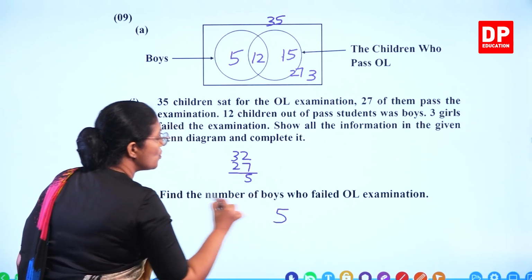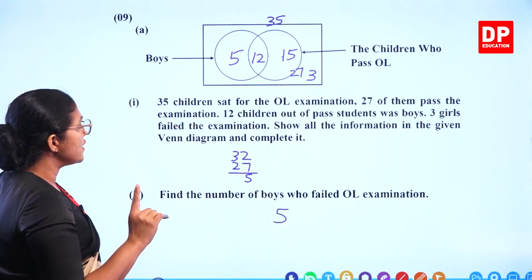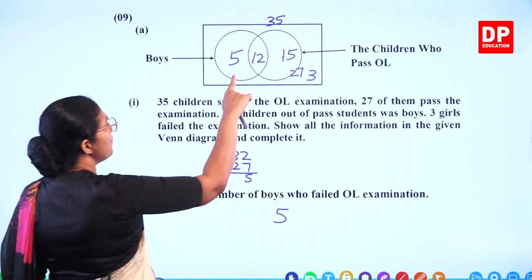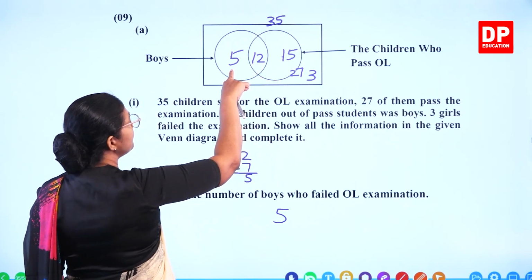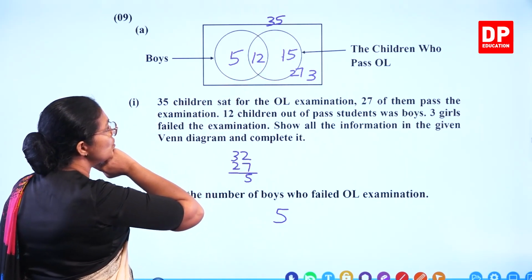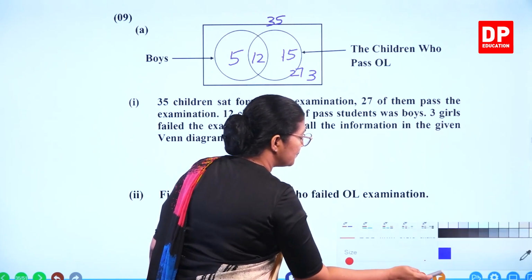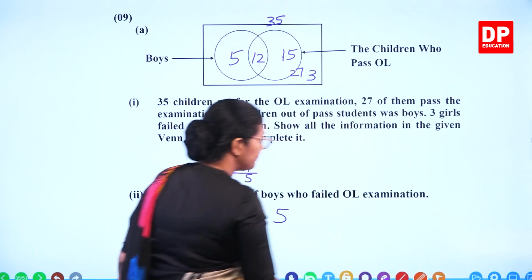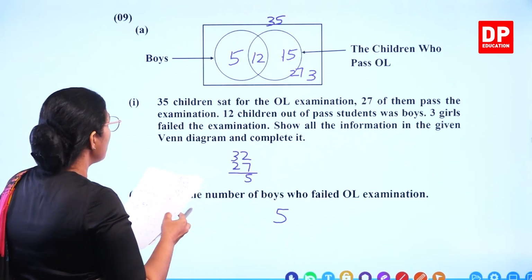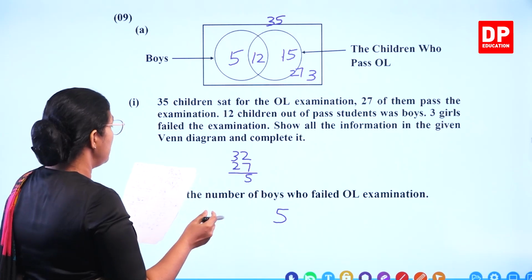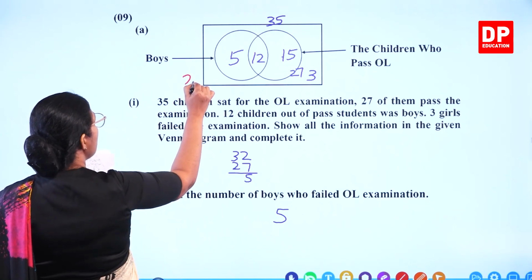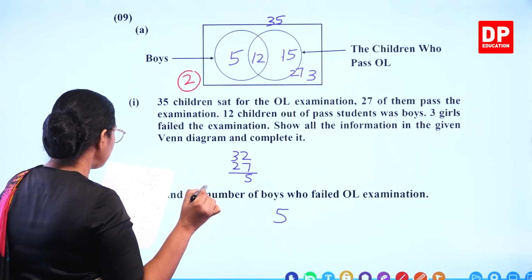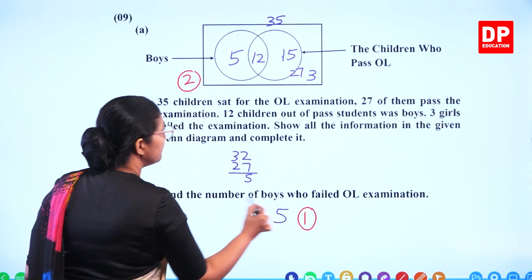So 5 boys failed the O-level examination. So let's add and see. 27 plus 5, 32. 32 plus 3, 35. So let's give marks. You get 5, 12, 3. Here you get 2 marks for showing all the values and 1 mark for finding this solution.